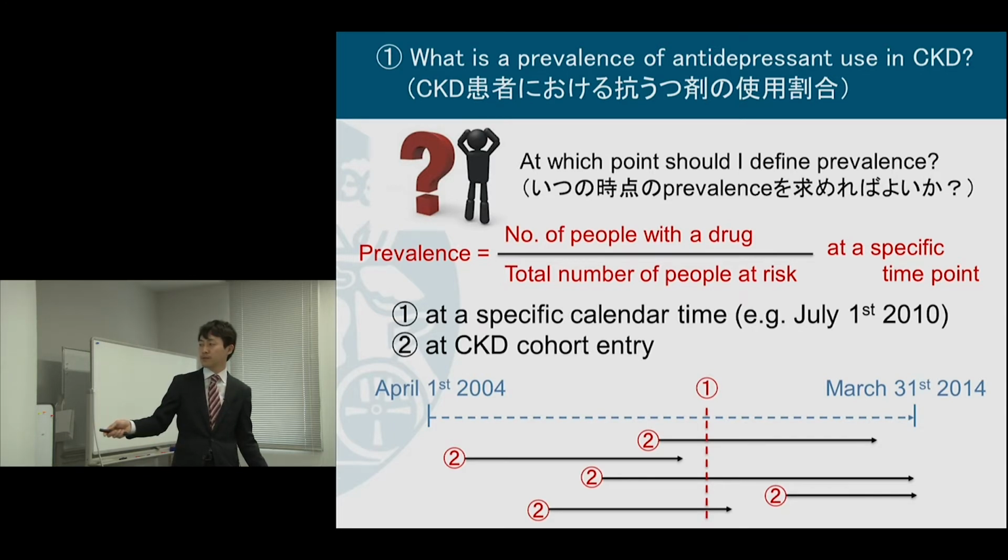So I looked at the prevalence of antidepressant use at cohort entry for every patient. I looked back 6 months, according to previous studies using UK data, to identify prevalence of antidepressant prescription.